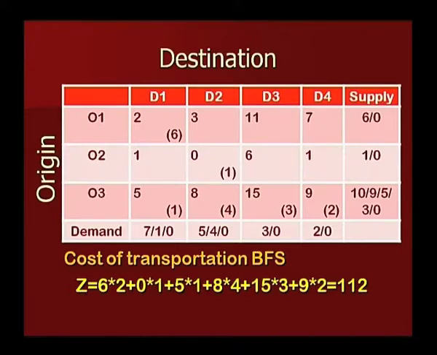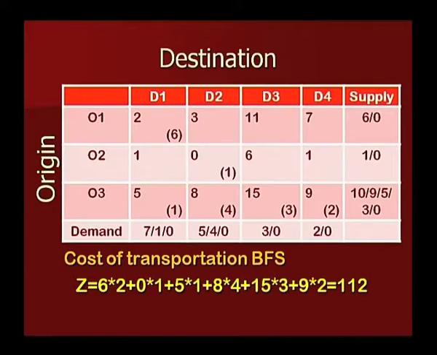In the remaining part, we have the least cost cell as D1O3 with cost 5. We allocate 1 to it, then we allocate 4 to the cell D2O3, then we allocate 2 to the cell D4O3, and then 3 to the cell D3O3.